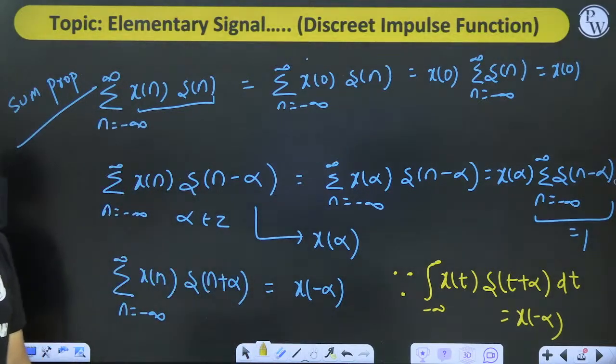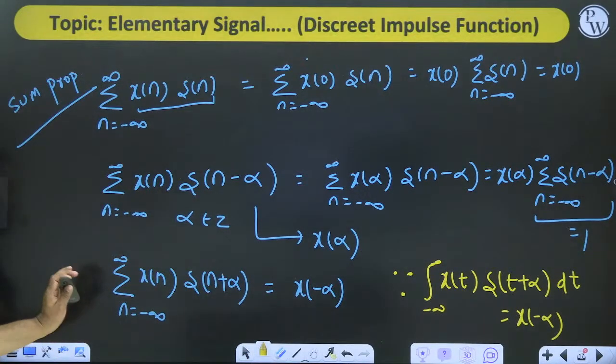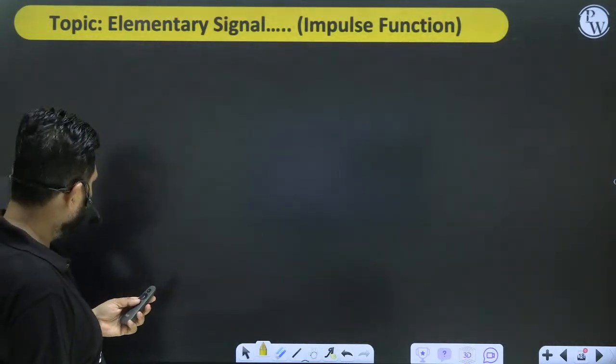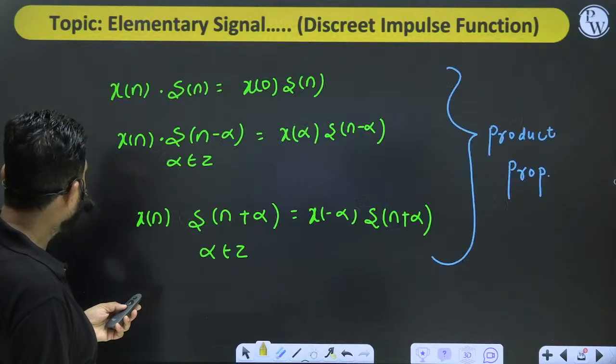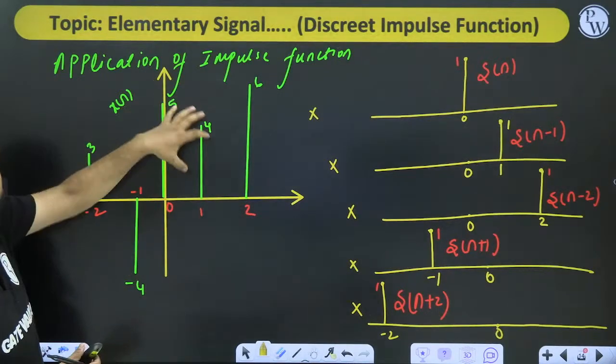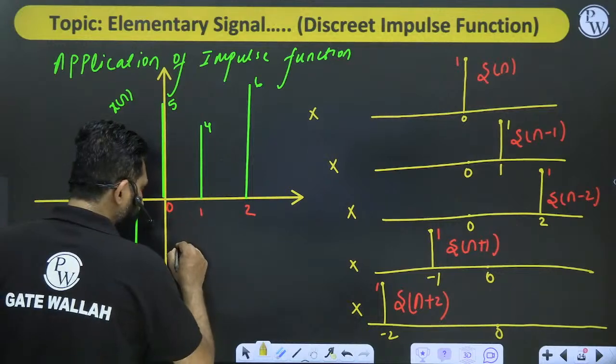Now, so this is what the summation property is. Exactly in the same manner, suppose I want to write this xn. How can we write this xn?